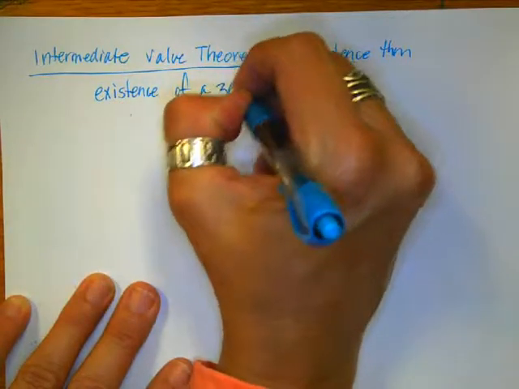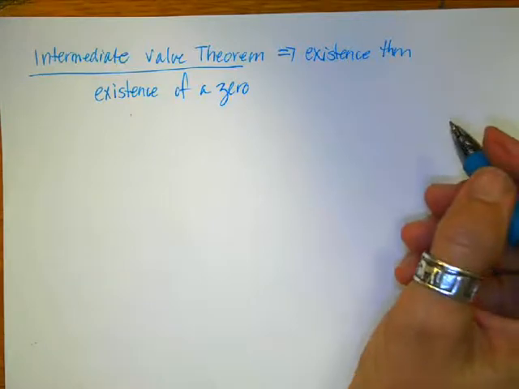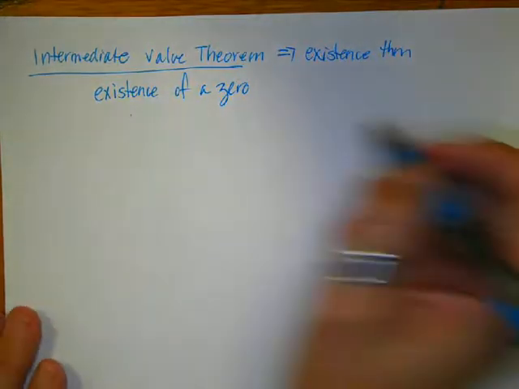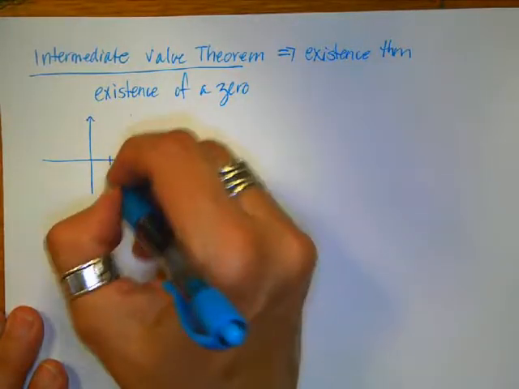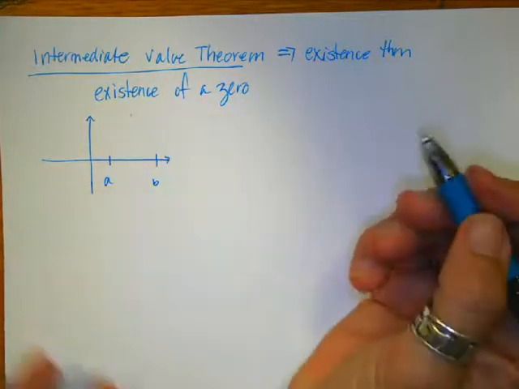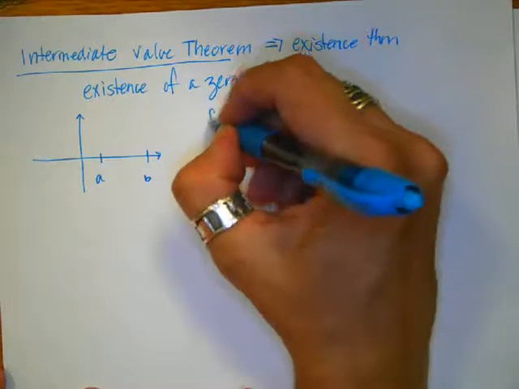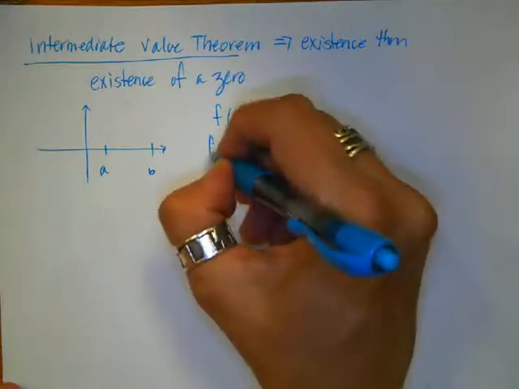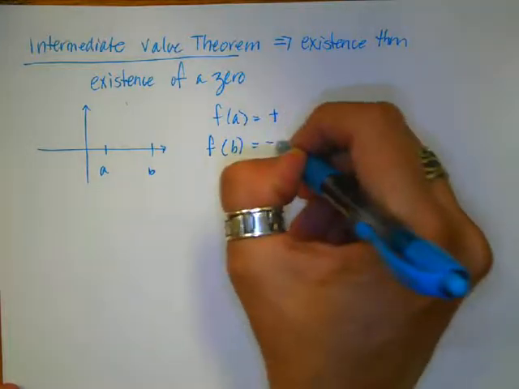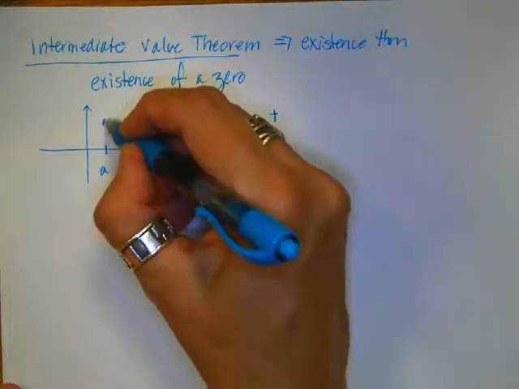So here's basically what it says. Let's just say I have a graph, and I have an interval a to b. Well, let's say I know that f of a is positive, and I know that f of b is negative. So that means the y values were up here, and then the y values are down here.